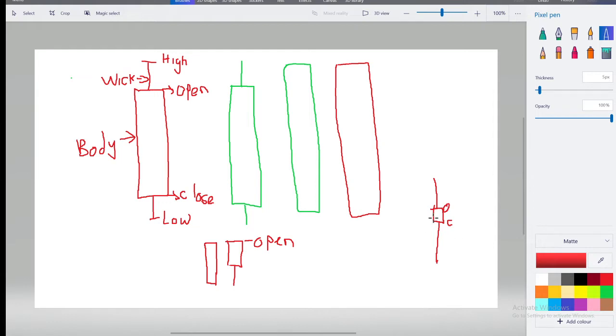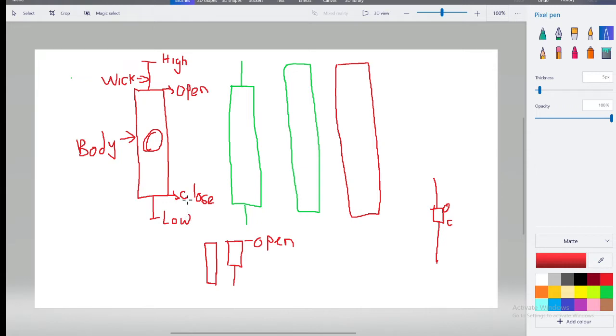We only use the body. The body of the candle is the solid part of the candle, not the wick. So the beginning of the solid part of the body of the candle is called the open, while the closing of the solid part of the body of the candle is called the close.